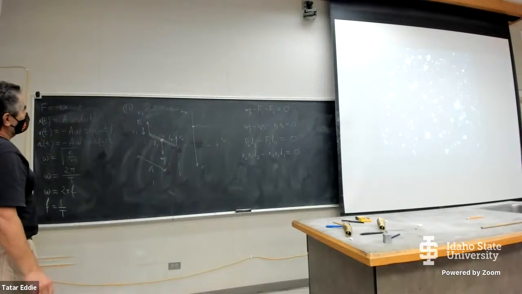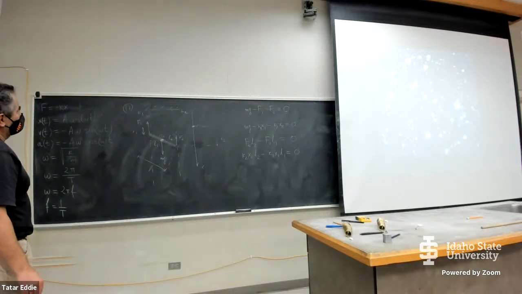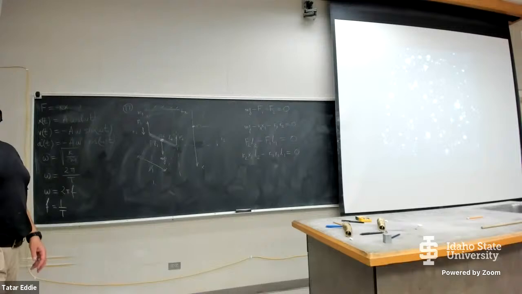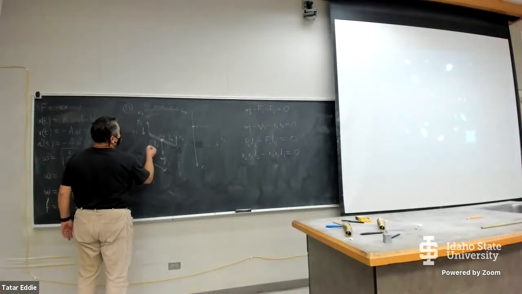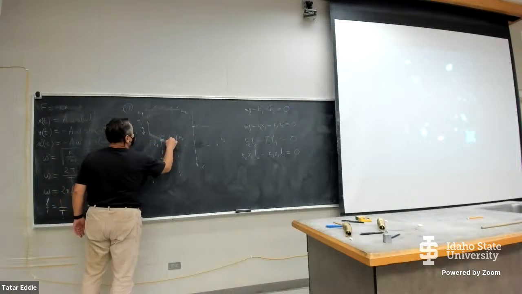Now let's see. L1 and L2 are equal. You can see that by noticing that, well, this triangle is equal to this triangle.